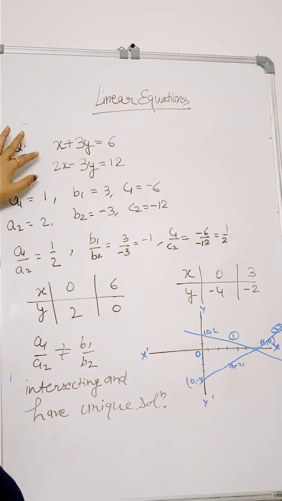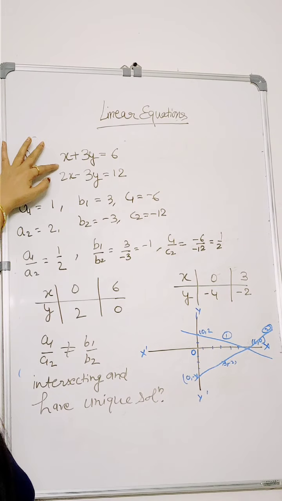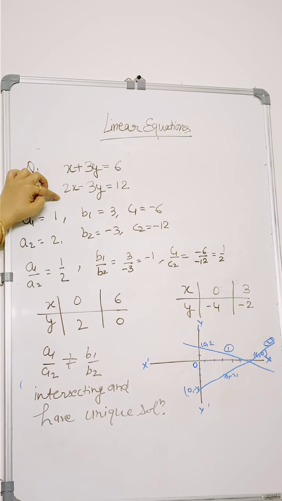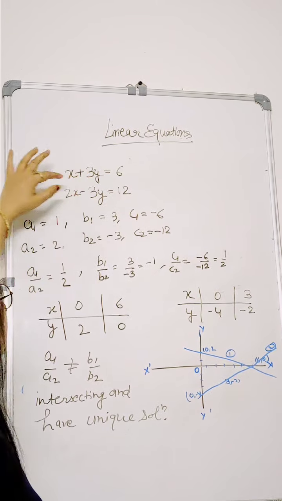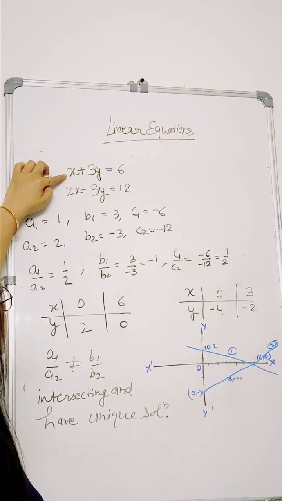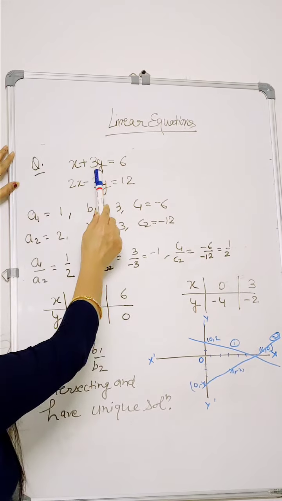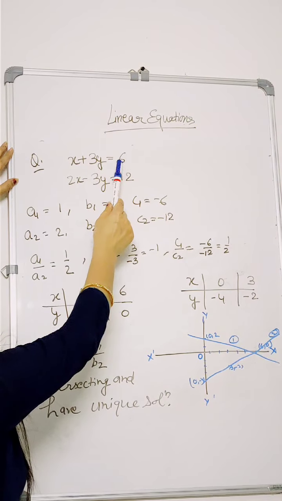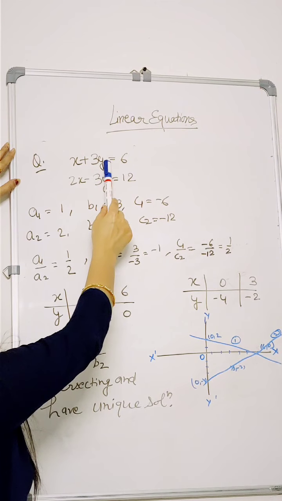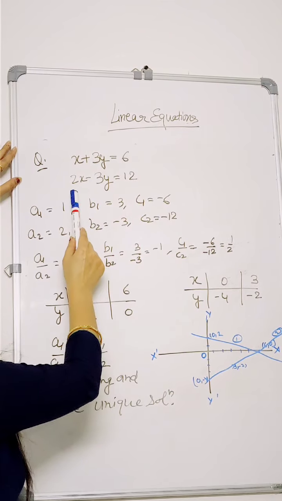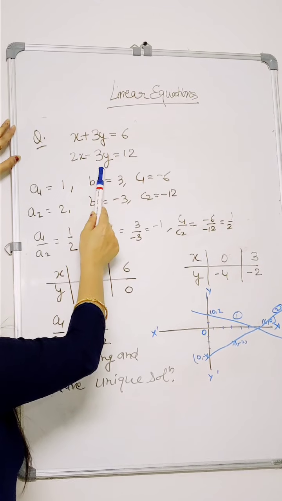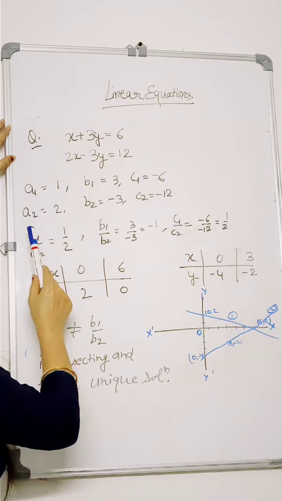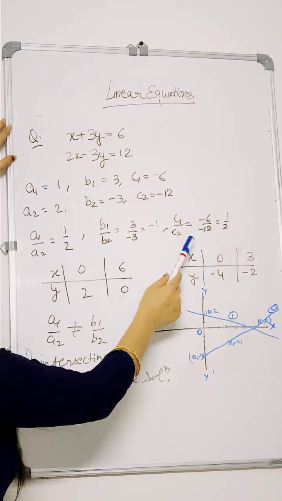If we compare these both equations with a1x plus b1y plus c1 is equal to 0, and a2x plus b2y plus c2 is equal to 0, we see that a1 is equal to 1, b1 is equal to 3, and c1 is equal to minus 6, because when 6 comes to the LHS, it becomes minus 6 is equal to 0. In the same way a2 is equal to 2, b2 is equal to minus 3, and c2 is equal to minus 12. Now we find out the value of a1 upon a2, b1 upon b2 and c1 upon c2.